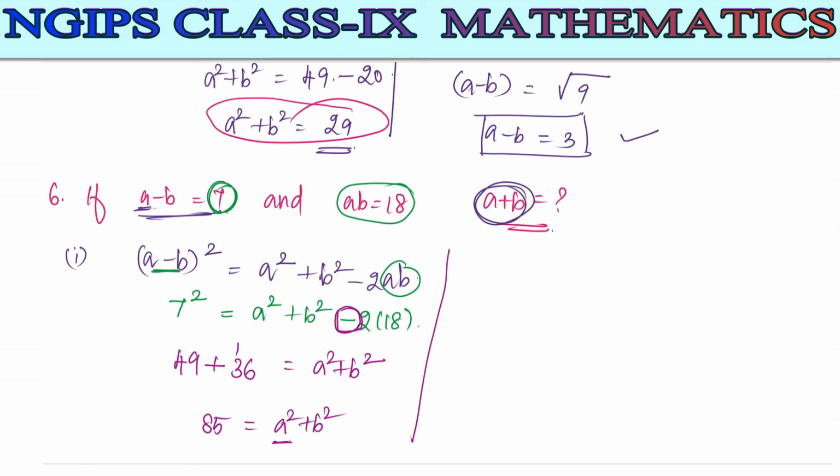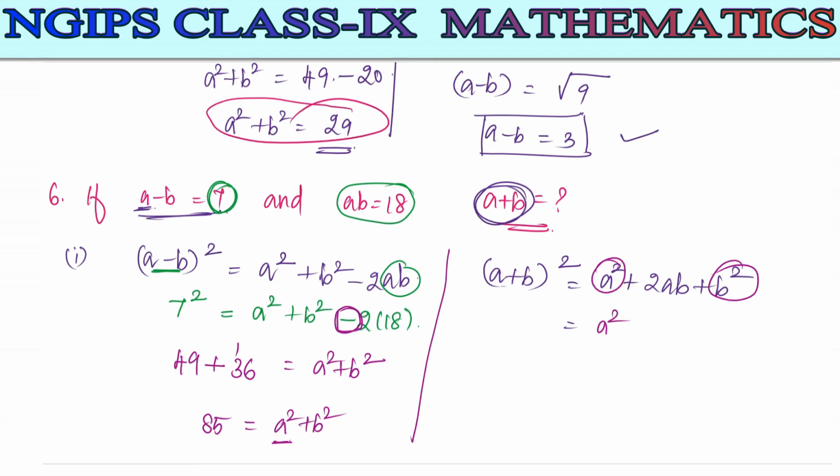So when it is a plus b, again I am going to use the formula: a plus b whole square is equal to a square plus 2ab plus b square. But we know the value of a square plus b square.